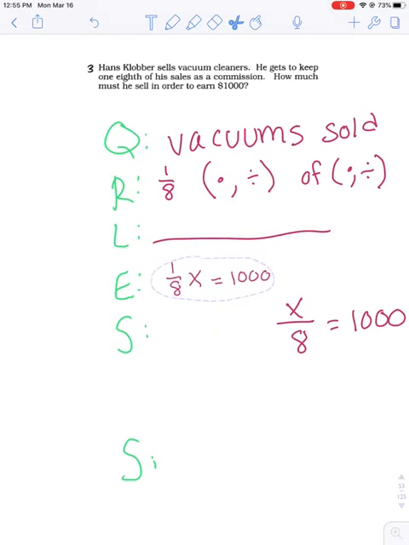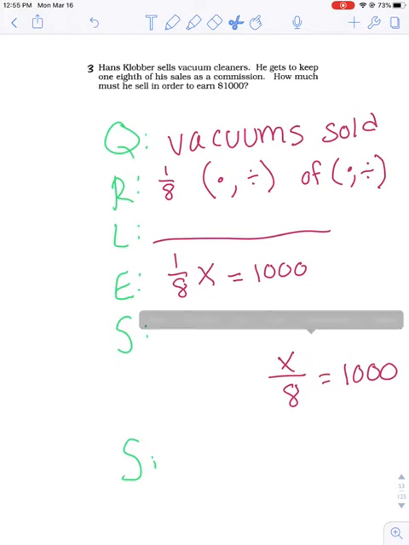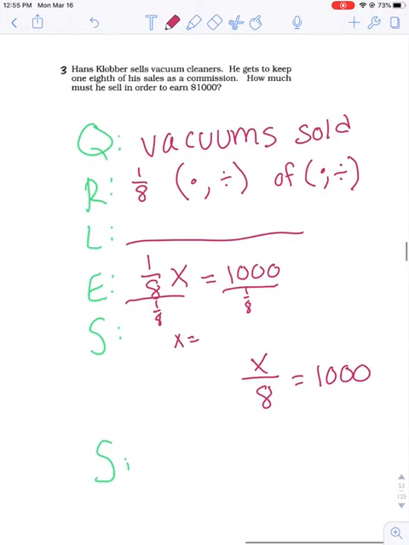And when you solve the first one, you would divide both sides by 1/8. Oh, I wrote it the old way. Back that up, sorry. Divided by 1/8. That's the correct algebraic way to write it. I know to divide something by 1/8, I'm really multiplying by 8 over 1. So 1,000 times 8 is 8,000.